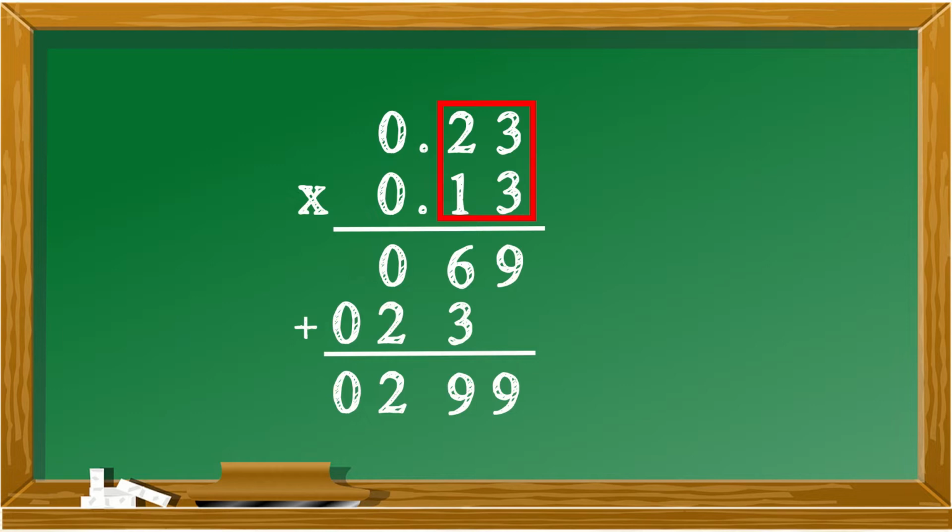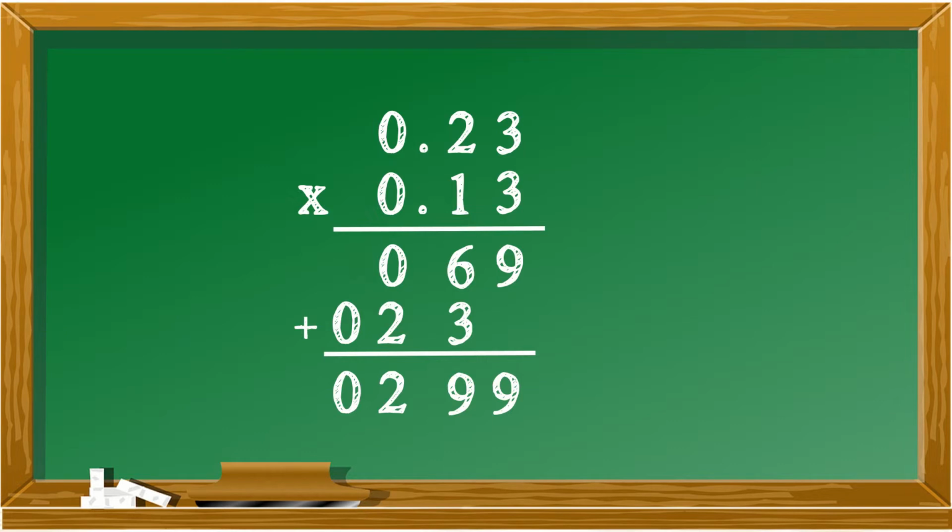Okay, so we will count now the number of decimal places to know where we are going to put the decimal point. So when we say decimal places, these are the digits or the numbers written after the decimal point. So let us count. 1, 2, 3, 4.